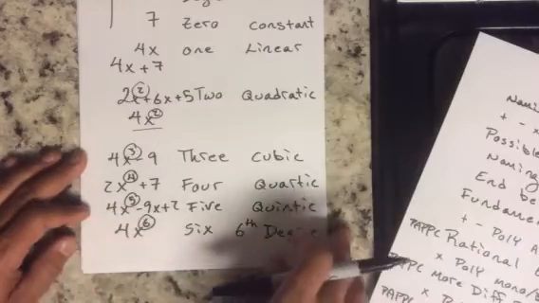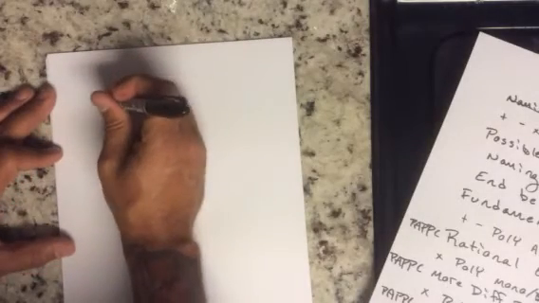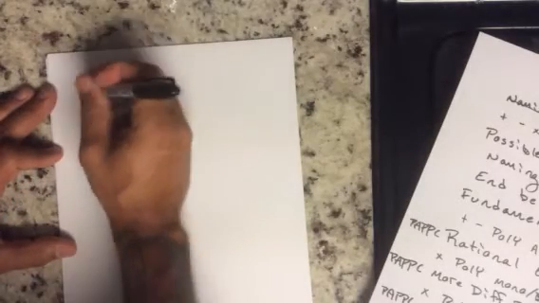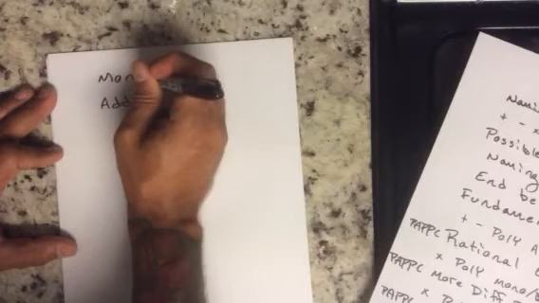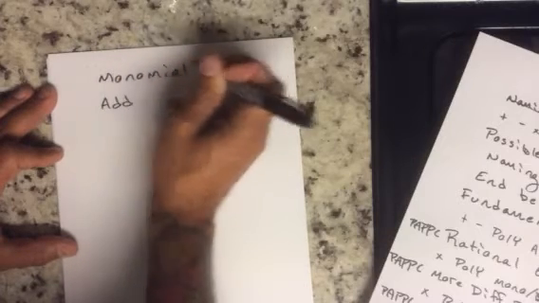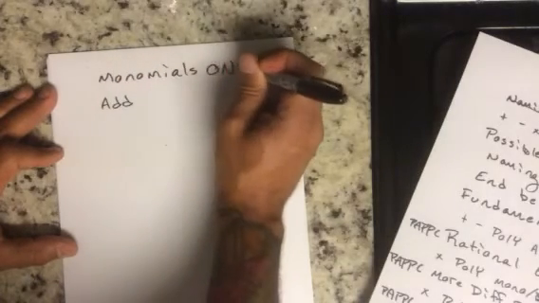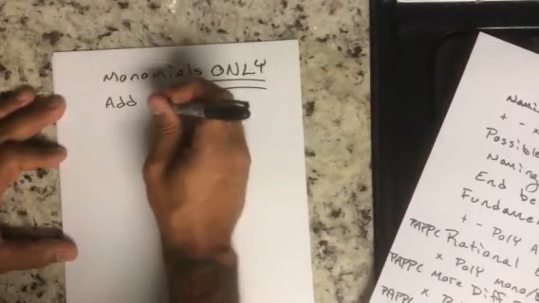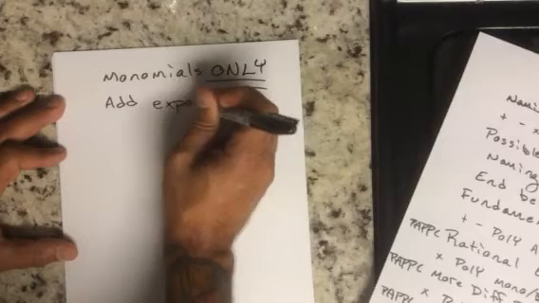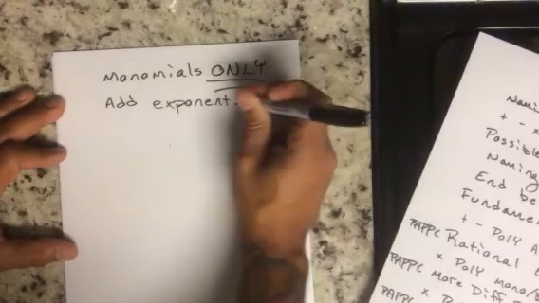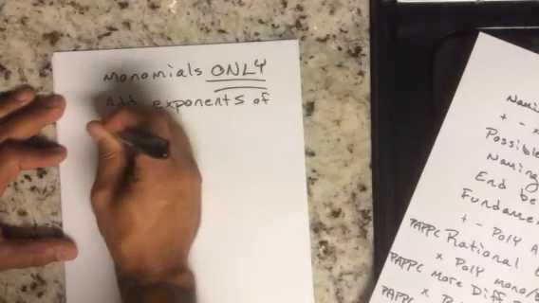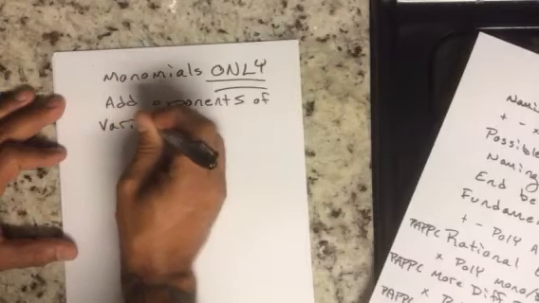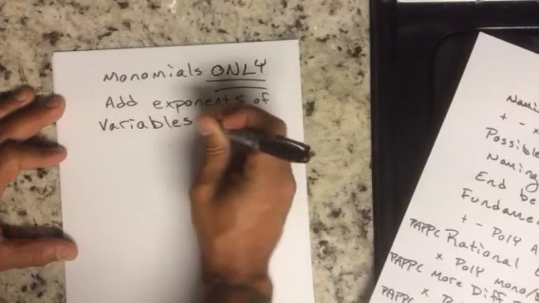Now I told you monomials are special, and the reason that monomials are special is because when I have a monomial, I add, oh, this is for monomials only. Only monomials, okay? Add exponents of variables to get the degree.